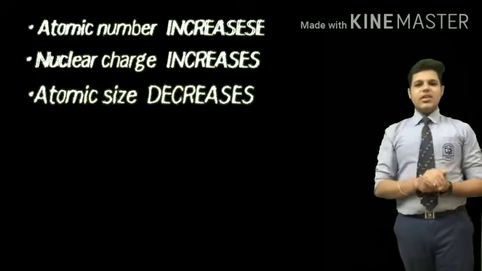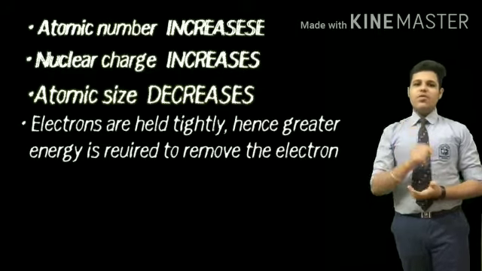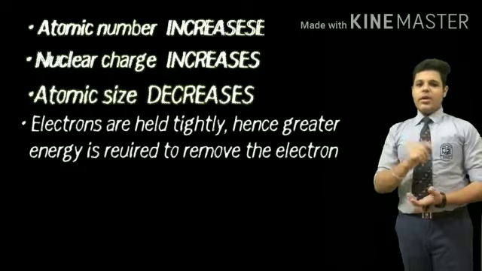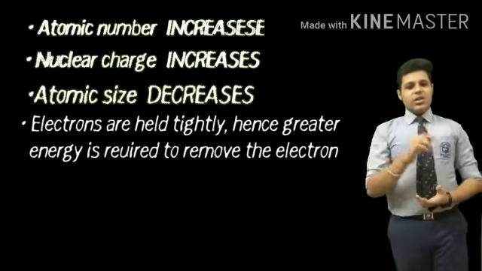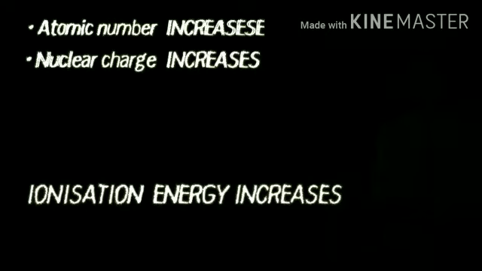As the atomic size decreases, electrons are held tightly to the nucleus. Therefore, we need more energy to remove the electron from the atom. Hence, the energy required to remove the electron increases. Therefore, ionization energy increases.